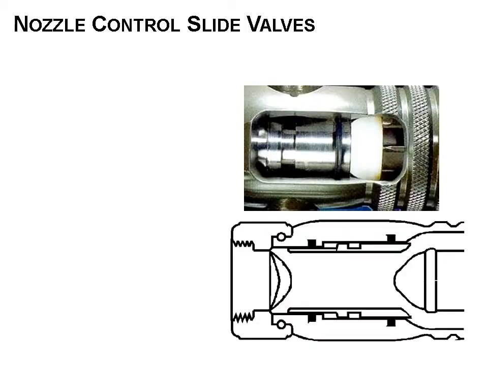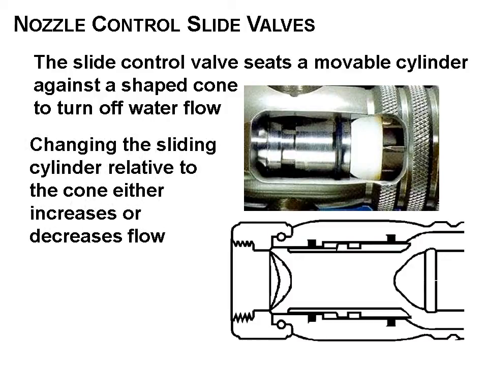Alright, the slide valves control the valve seat, a movable cylinder against a shaped cone to turn off water flow. Changing the sliding cylinder relative to the cone either increases or decreases water flow through the nozzle without turbulence.